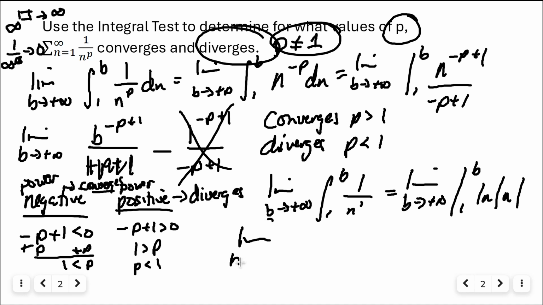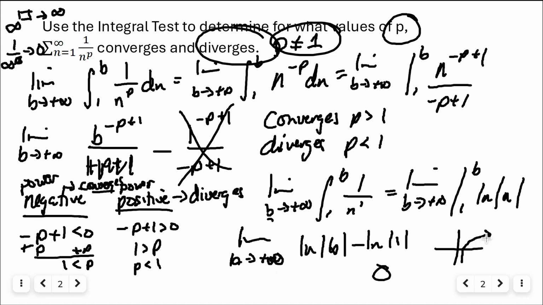I can substitute in. It's going to be the natural log of b minus the natural log of 1. Natural log of 1 is 0. But as b goes to infinity, the natural log of infinity, again, natural log graph looks like this. That goes to infinity. So this diverges. So at p equals 1, it also diverges.